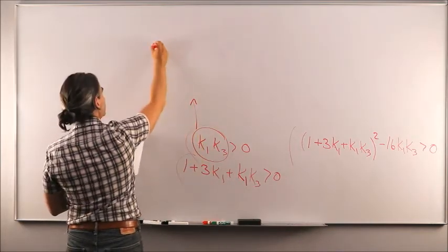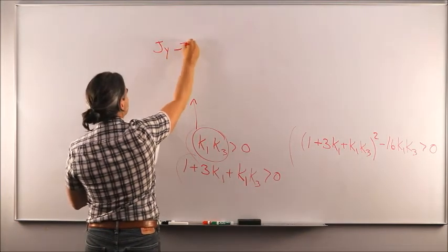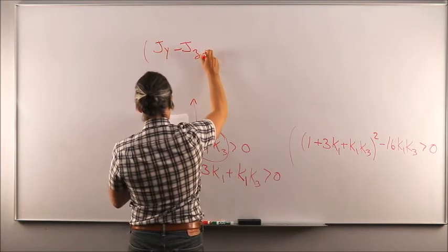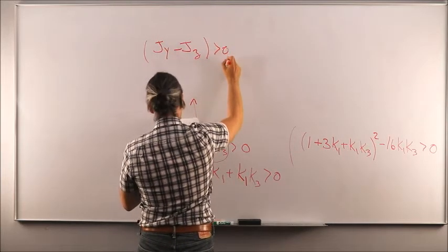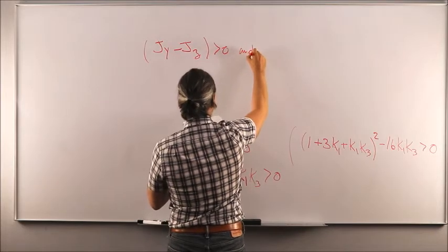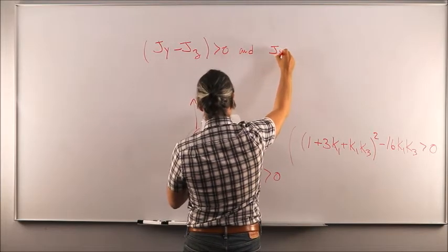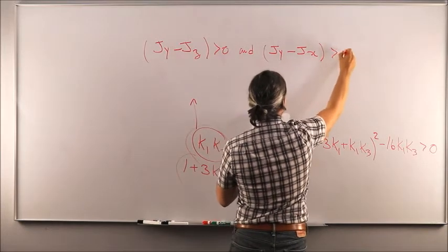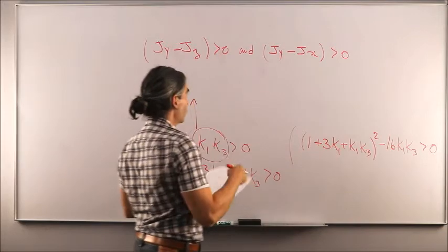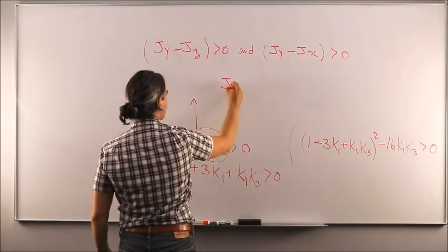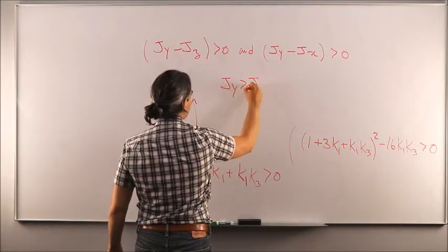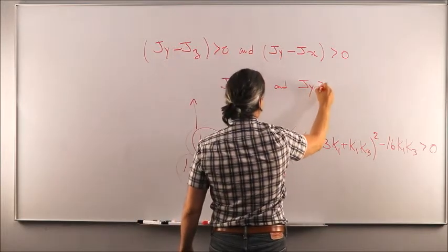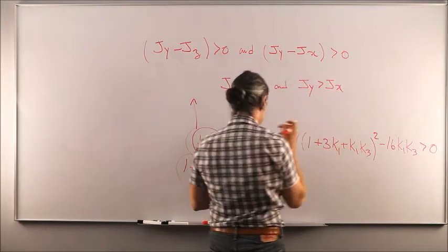So ultimately, this means that Jy minus Jz has to be larger than 0, and that Jy minus Jx has to be larger than 0. Or equivalently, that means that Jy has to be larger than Jz and also larger than Jx.